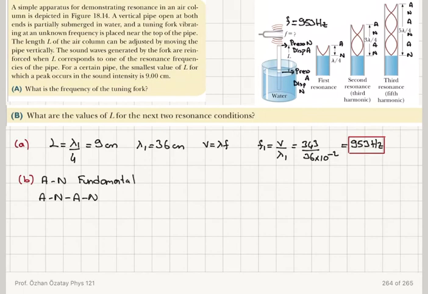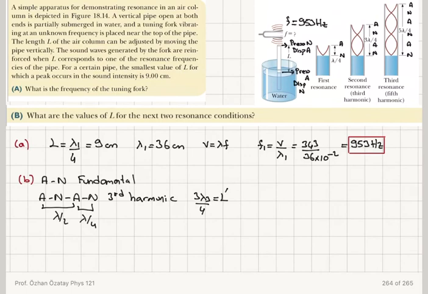We have AN, the third harmonic, because here we have lambda over 2 and lambda over 4. 3 lambda 3 over 4 is equal to L prime, because we're changing the resonance condition by changing L.